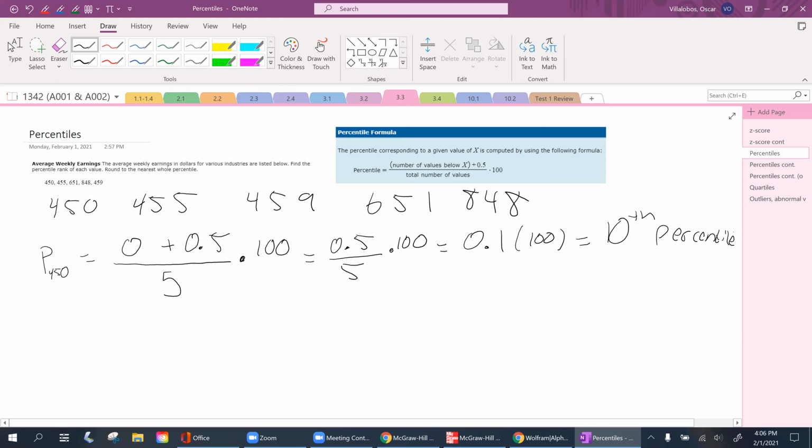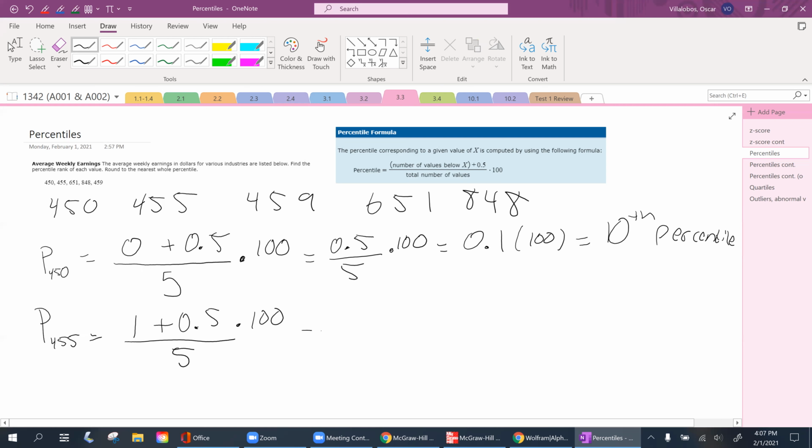Then we're going to do that with the next value. Let's find the percentile for 455. Ask yourself, how many numbers do you have that are less than 455? It's just 1, which is 450. And again, you add 0.5, divide by 5, and then multiply by 100.